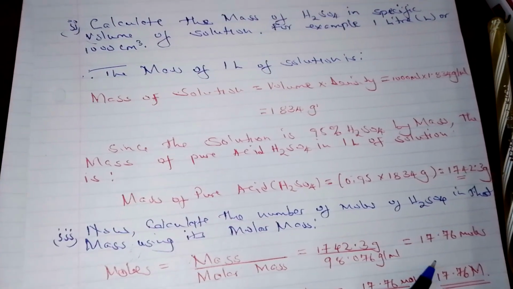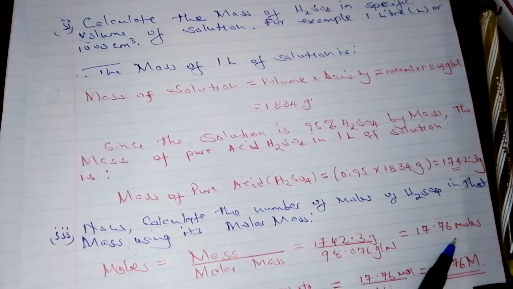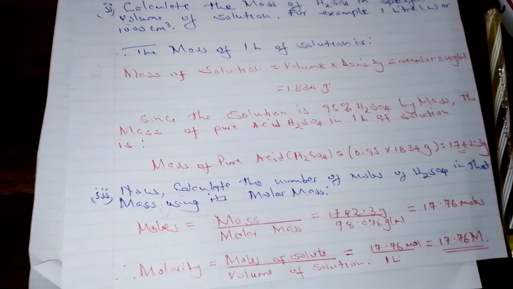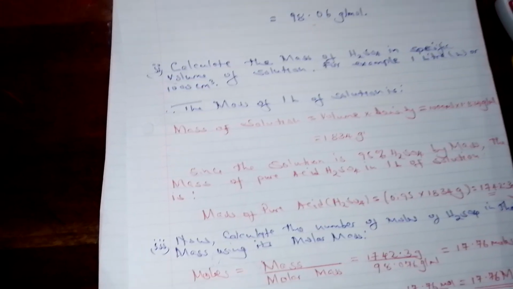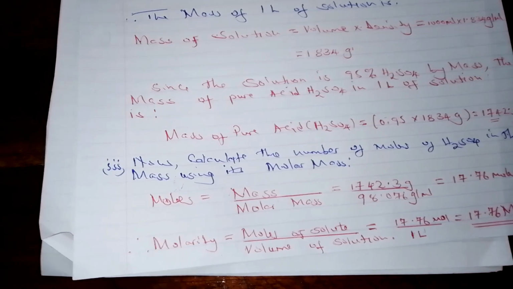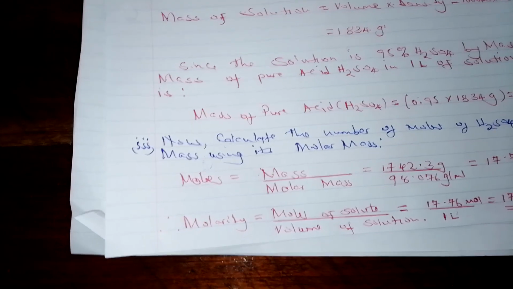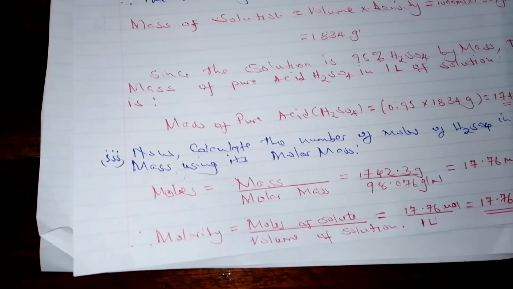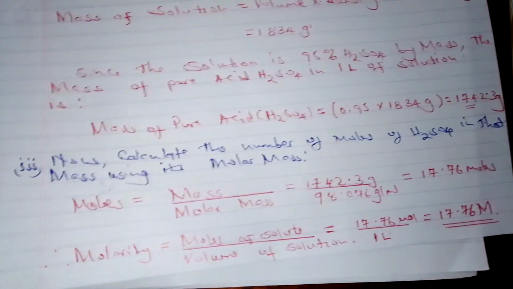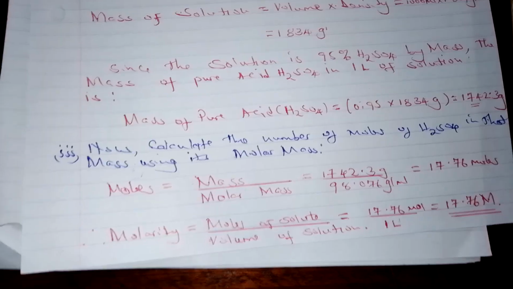As you can see, it is transferred here, and then you get 17.76 moles in 1,000 milliliters. After you have found 17.76 moles, molarity is equal to moles of solute over liters of solution. It is always that way. So 17.76 moles over 1 liter gives us 17.76 molar.